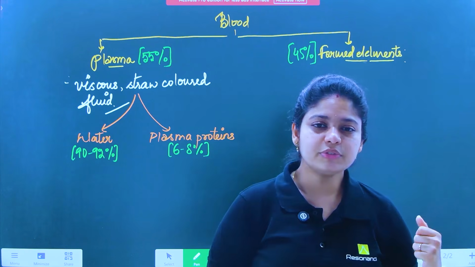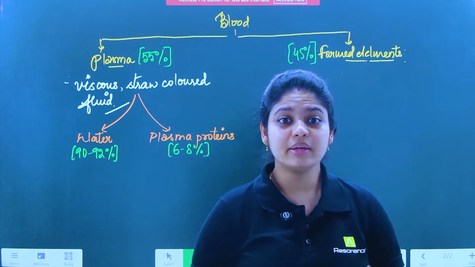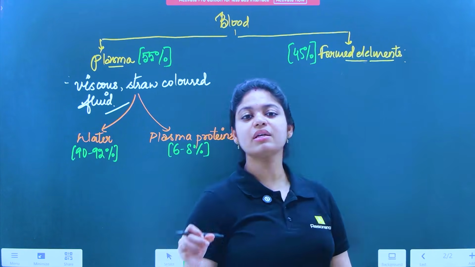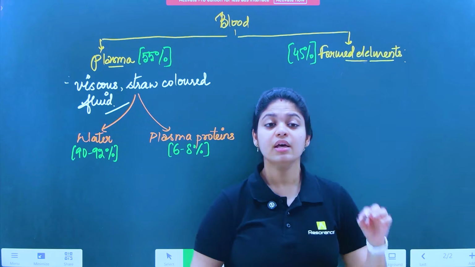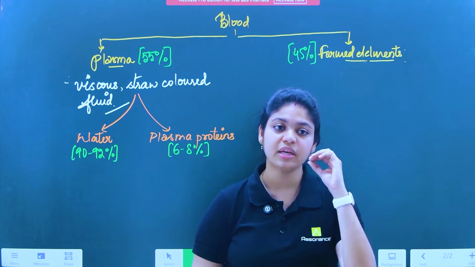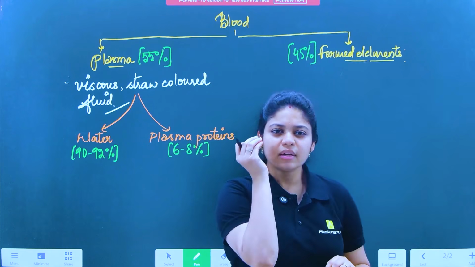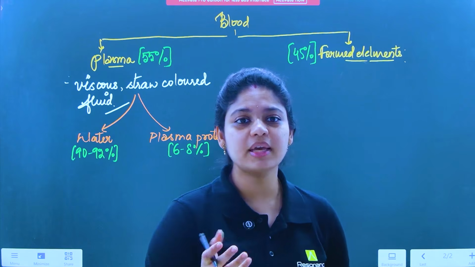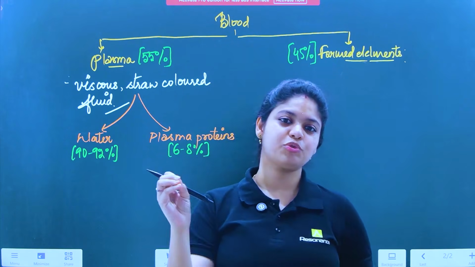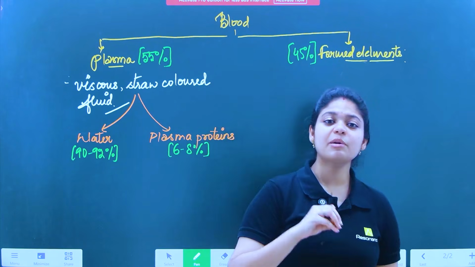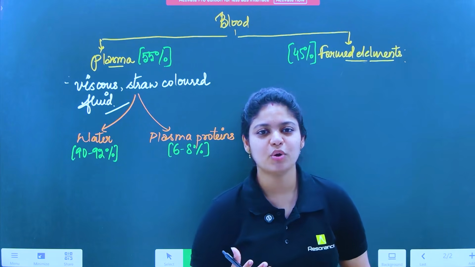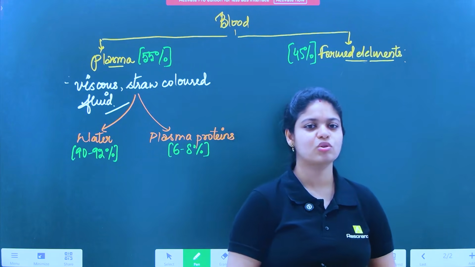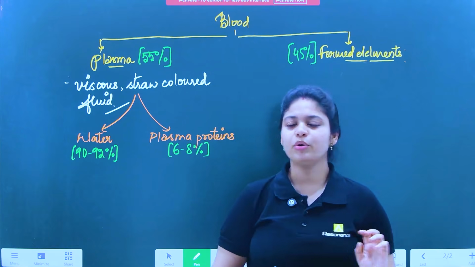Majority of plasma is water, 90 to 92 percentage, and a very small amount of proteins, 6 to 8 percentage. Because the proteins are present in plasma, they are called plasma proteins.